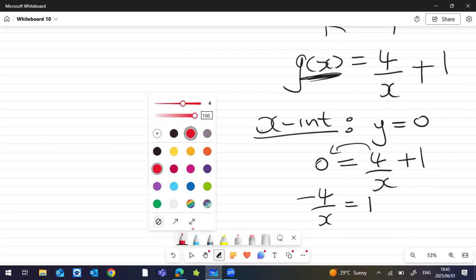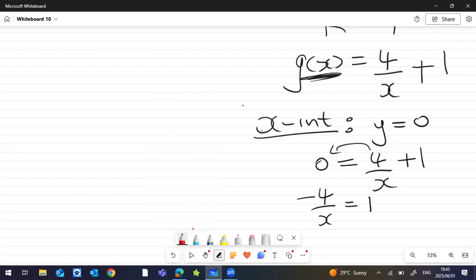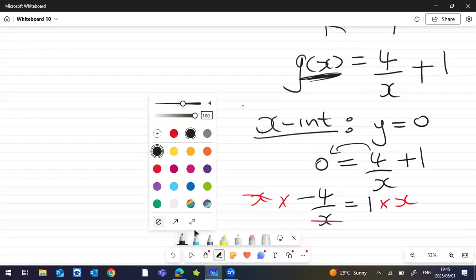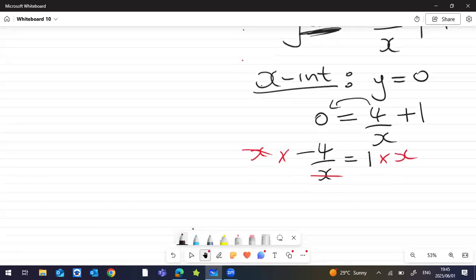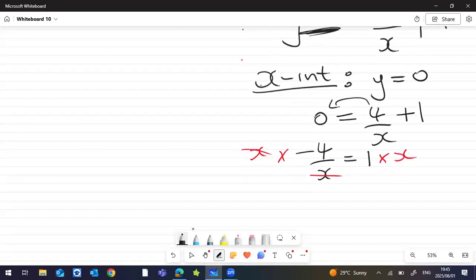Multiplying both sides now by x. What will I get if I multiply by x both sides? x cancels out with x here. Therefore, we found now our x to be equal to -4.